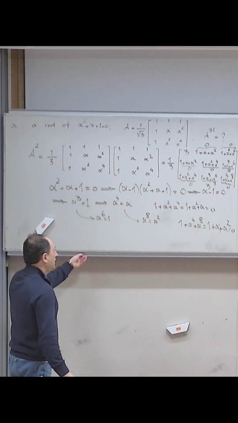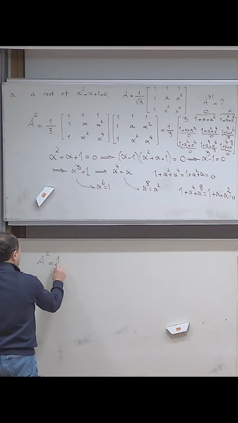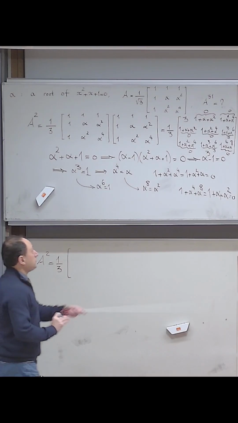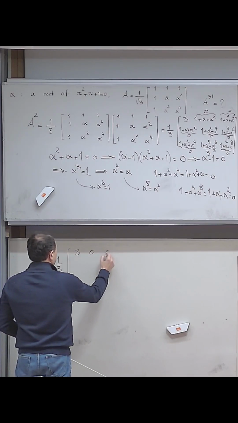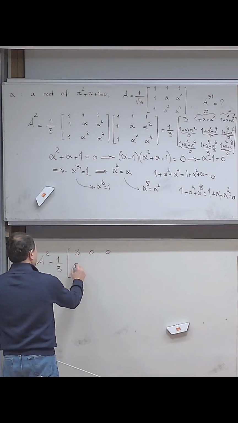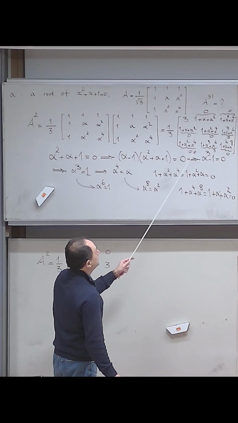So what I have now, let me write it down. So A squared is 1/3 times the matrix 3, 0, 0, and then 0, 0, 3, and finally 0, 3, 0.